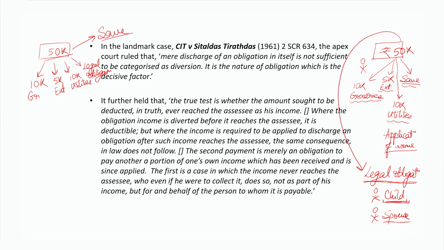So over here, if you see, you have earned 50,000, and at the end of the day, what do we see your income as? We will see that, well, this person has earned 50,000 in that month, okay?